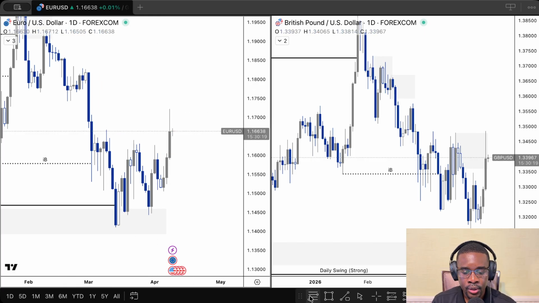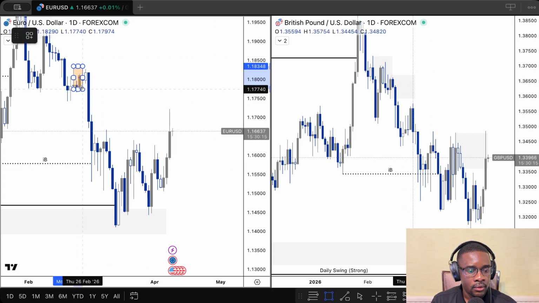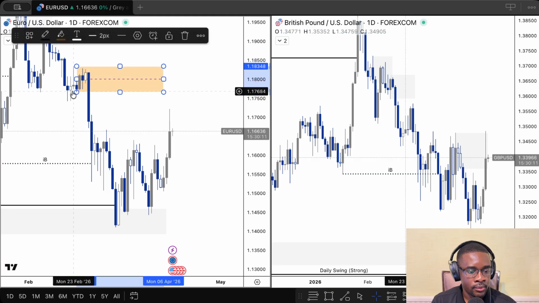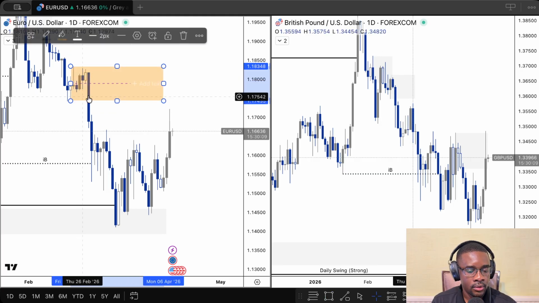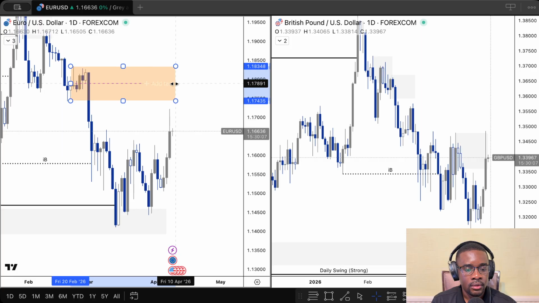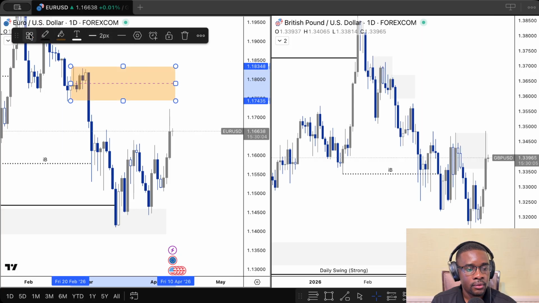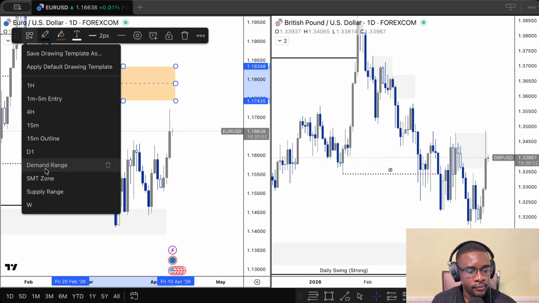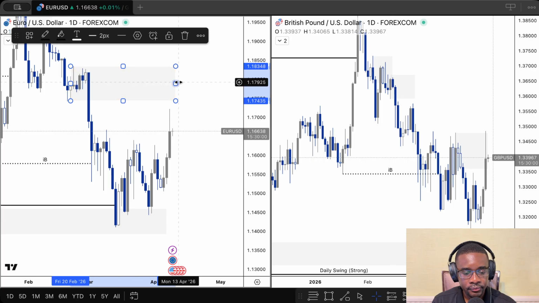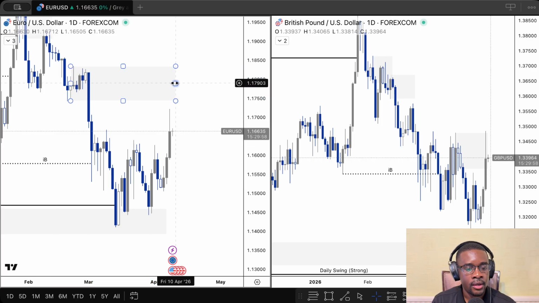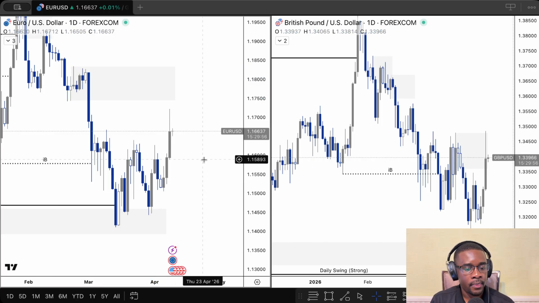We do have an area of supply. I'm just going to cover that so that we have a general area. That's our general area of supply right there.